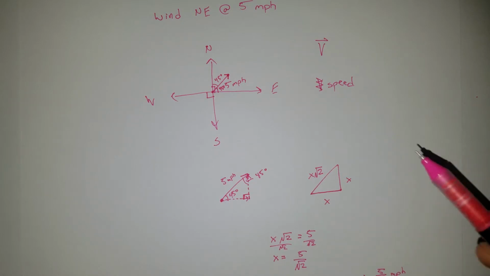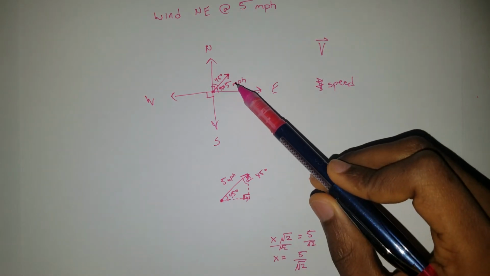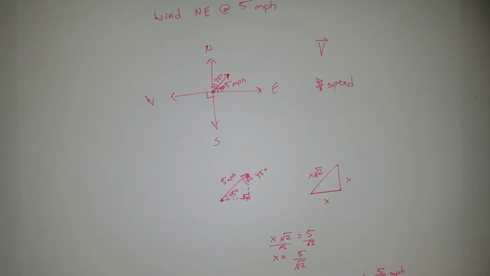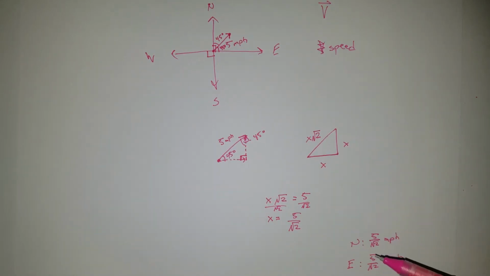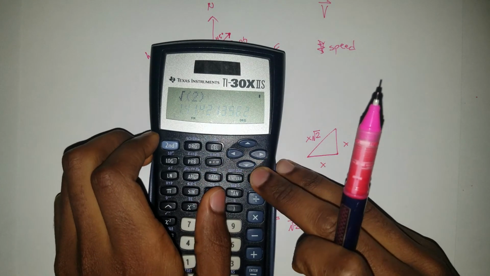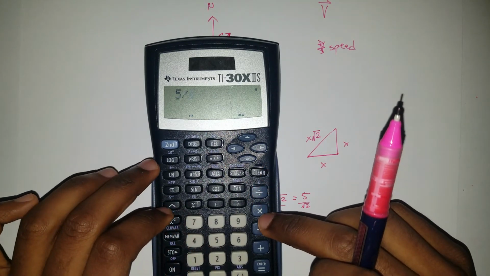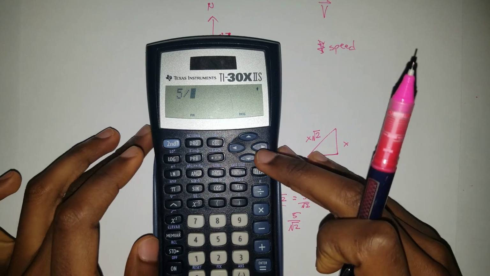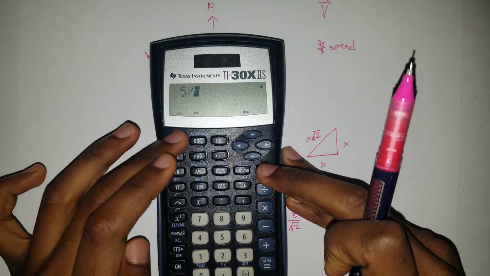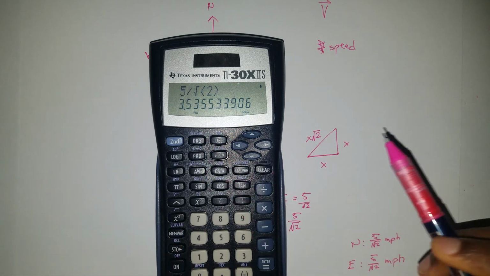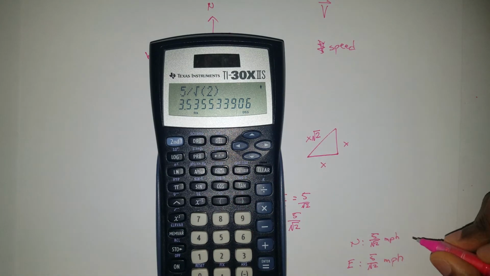So we know that the resultant, which is the 5 miles per hour, must be bigger than the components, which are 5 over radical 2 miles per hour and 5 over radical 2 miles per hour as well. If we take a look at the calculator, 5 divided by radical 2 is equal to 3.53 miles per hour.